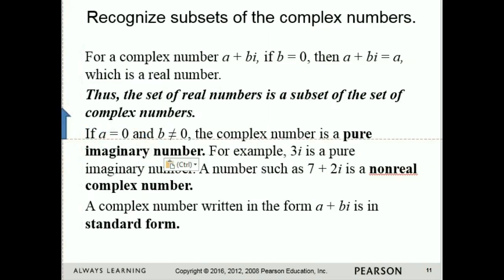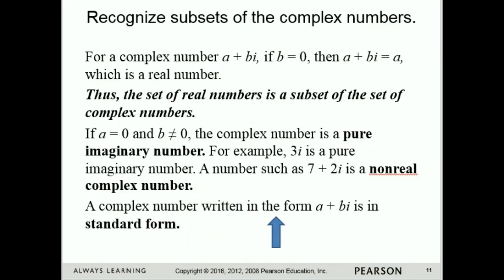So going back to the subsets of complex numbers, we have a plus bi as the standard form. And if b is 0, then it's a real number. And we said real numbers are a subset of complex numbers. In this case, where we're talking about 3i, that is a pure imaginary number. But then we have a situation like 7 plus 2i. This is a non-real complex number.